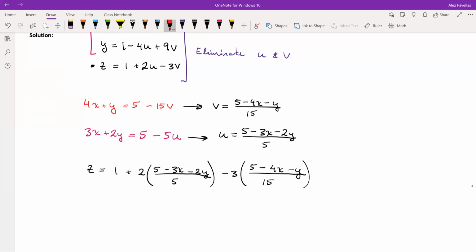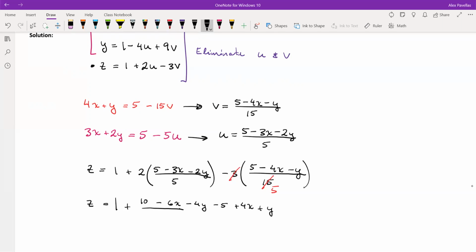So a couple of things here. One, right away, that 3 cancels with that 15 to leave a 5 on the bottom. And hey, both of these things have 5 on the bottom. So if I distribute the 2 through the numerator on the first one, 10 minus 6x minus 4y. And then I've got to be careful here, I am subtracting all of this stuff, so that would be minus 5 plus 4x plus y.